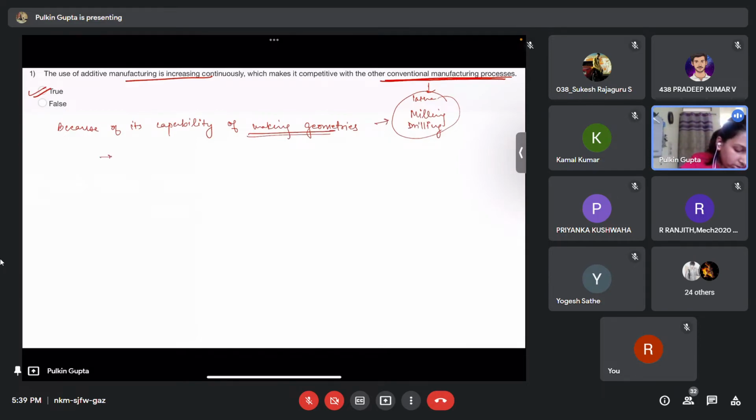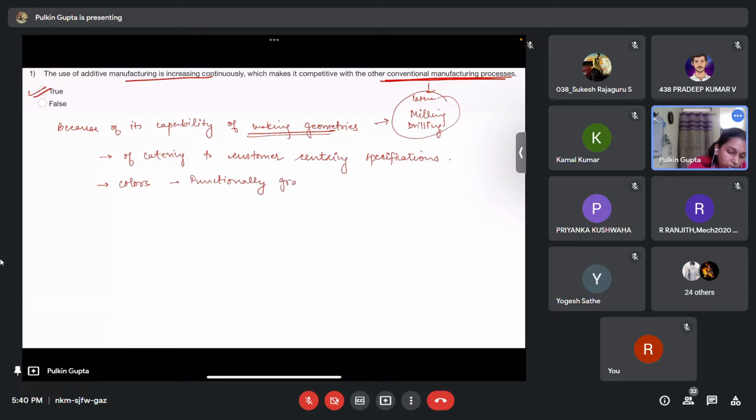And because of its capability of catering to customer centric requirements, and because of its capability to produce colors in material, or what we say functionally graded materials.